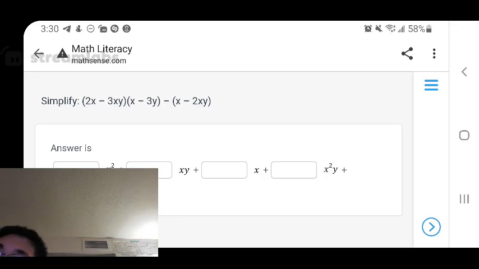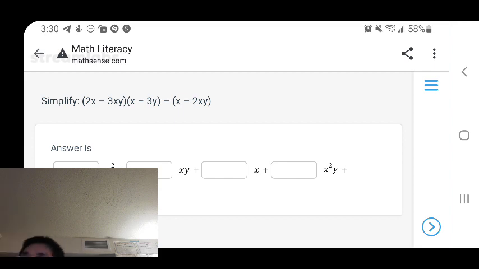Let me check if I did it right. 2x squared minus 6xy. Yeah, I did it right. Plus 9xy squared.